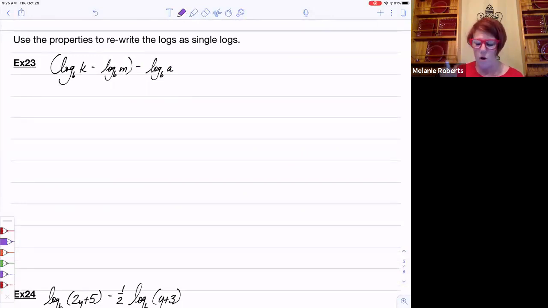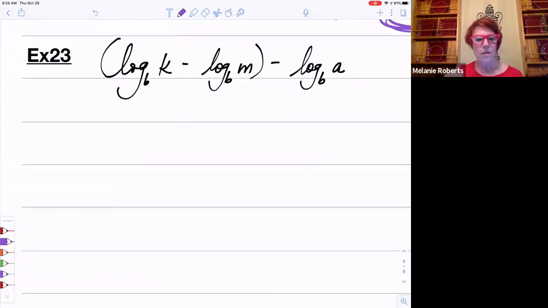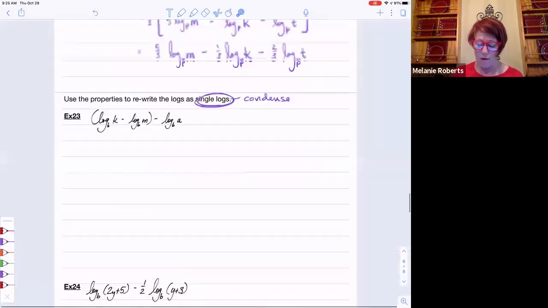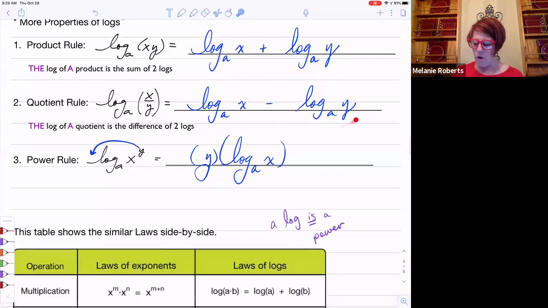a single log. So these we're going backwards. Single log says we're going to condense down to a single log. All right, so when you look at the first piece, let's follow what's in the group. And in the group, we have a log minus a log. Well, that looks a whole lot like, let's go back to our properties really quickly. Log minus log looks like this guy.